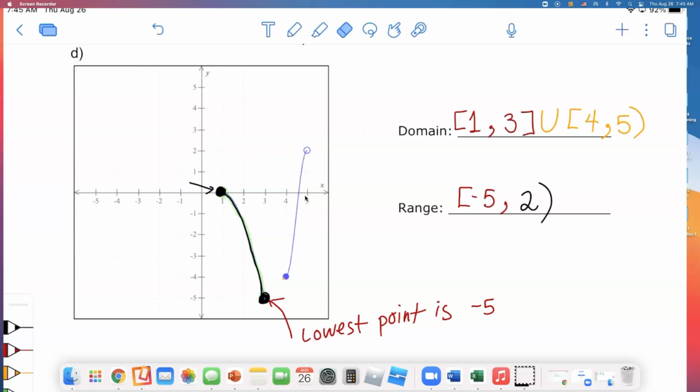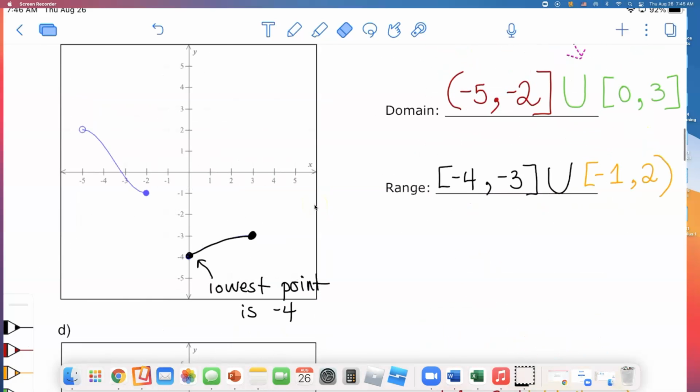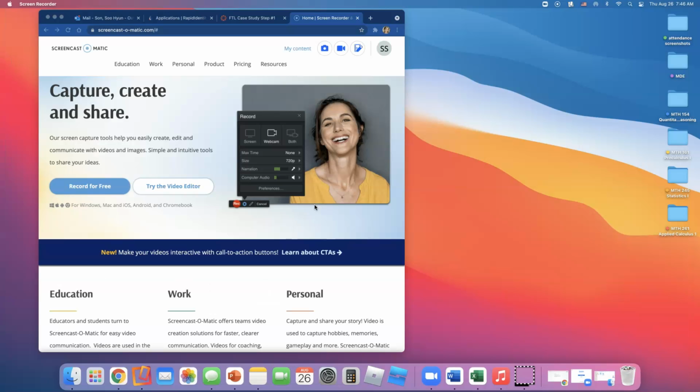Now, like the first one that we did, I'm going to erase all this stuff. The first one that we did, we had pieces, okay? Because we had a gap in the range, right? The first piece only went from -4 to -3. We had to jump. And the second piece started from -1 to 2.